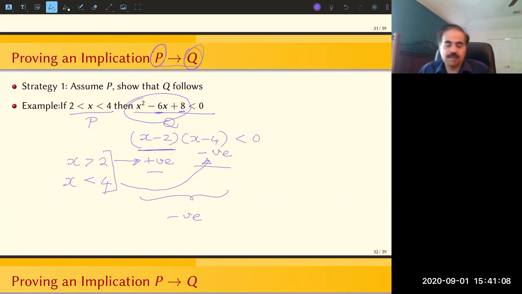But of course, the exact manner in which P helps you prove Q is going to differ in different problems. In this problem, you needed to do this factorization and reason about the sign of each of those factors in order to go from P to Q. There may be other problems where you might have to use a different strategy.